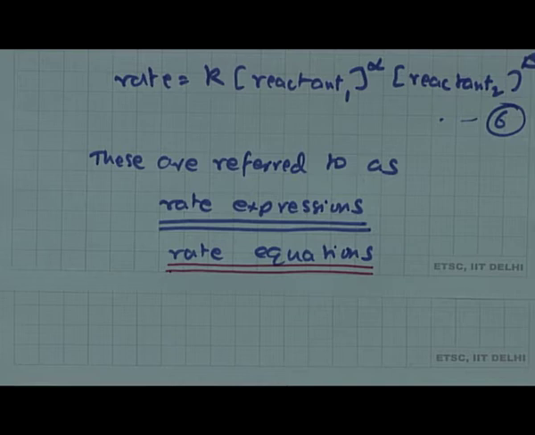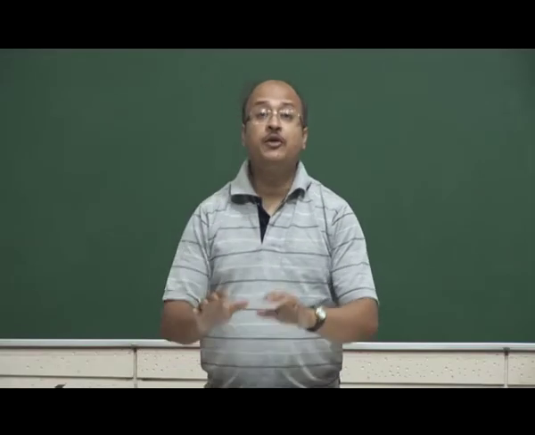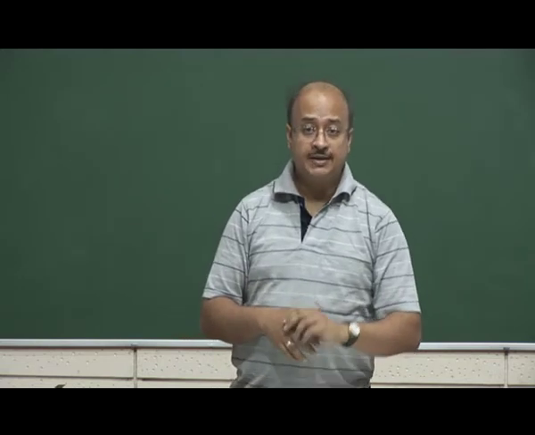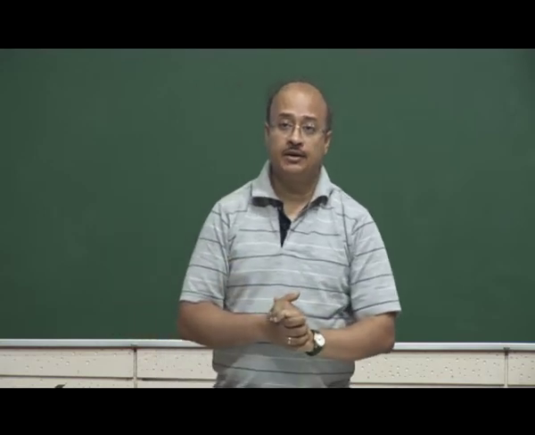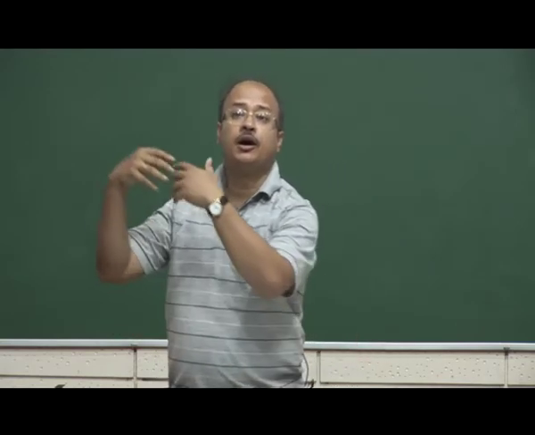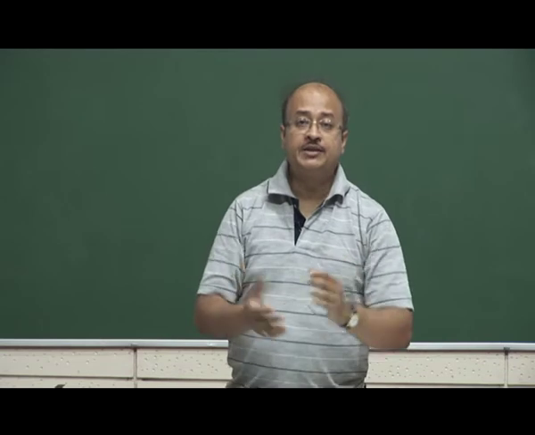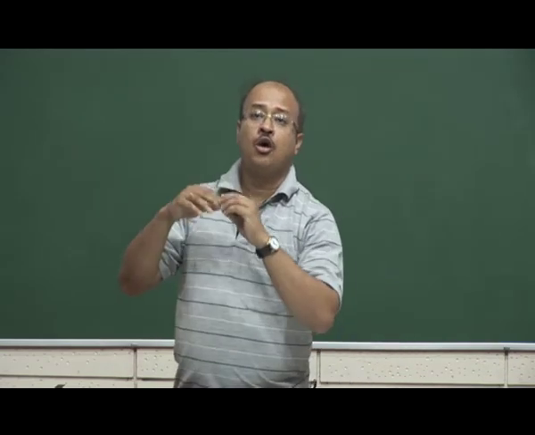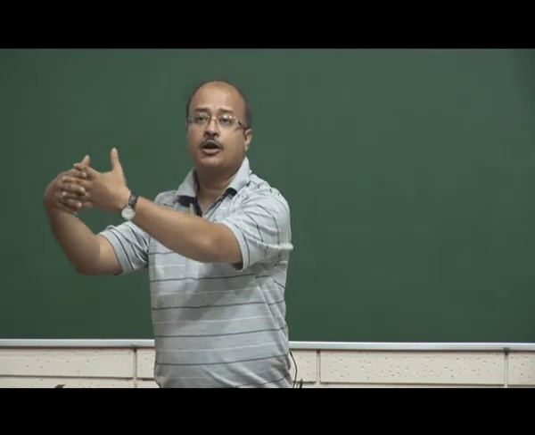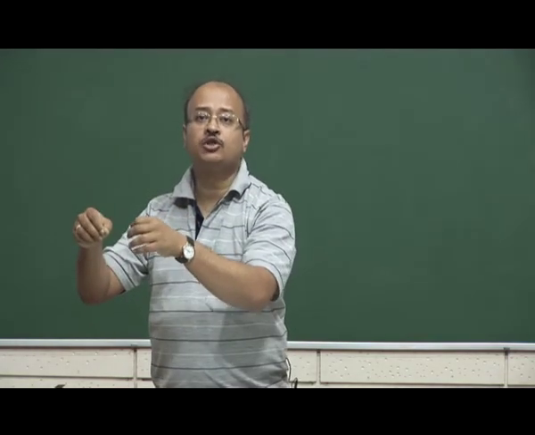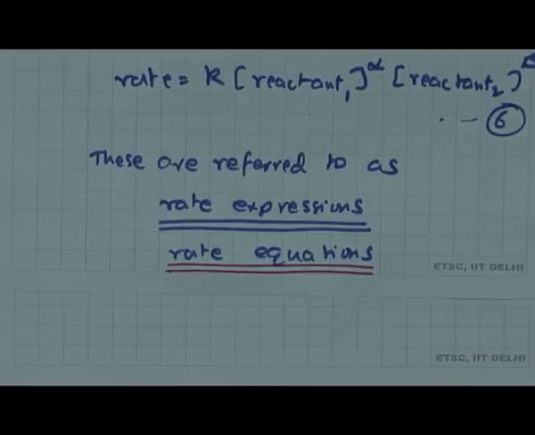And what are they telling you? They are telling you how the reaction rate depends upon the component species. If it is one species raised to the power n, if there are 2 species, then one species raised to the power alpha, the second species raised to the power beta, these being the individual orders of the specific reactants.